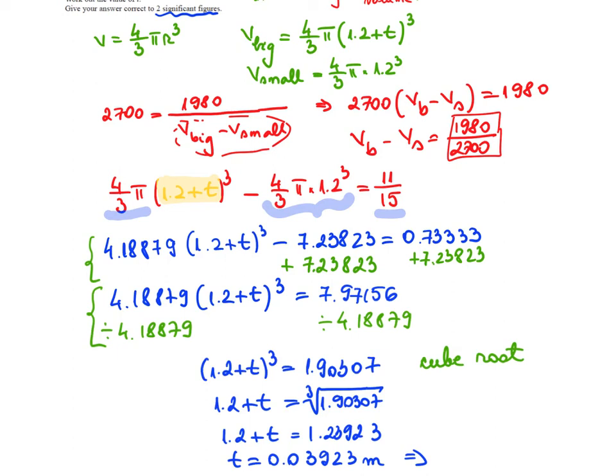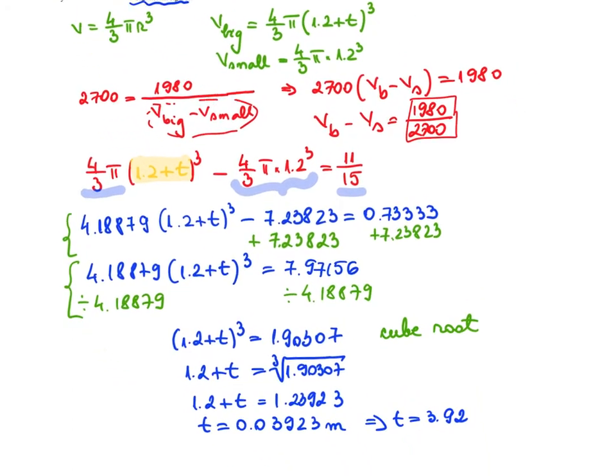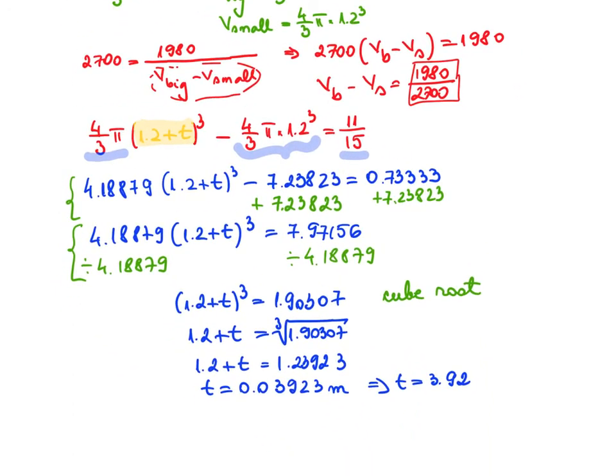Now I remember that I need to change it to centimeters. So actually t in the problem will be, I multiply by 100, so I get 3.923. Let me look back. I need two significant figures, so it will be 3.9 centimeters.